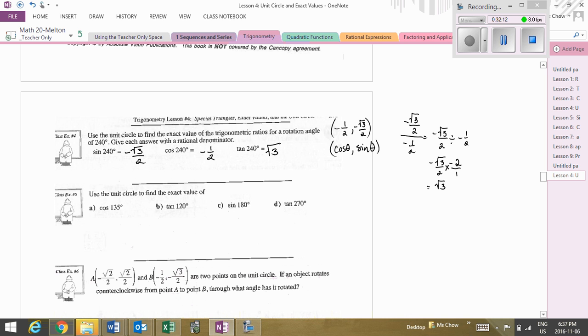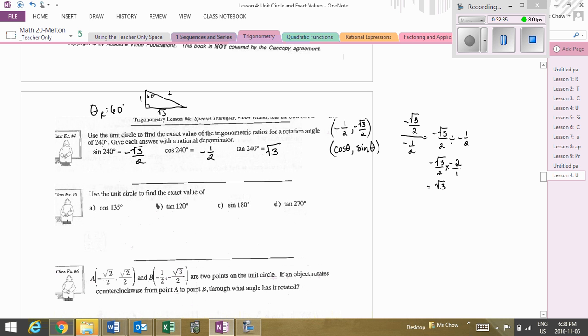Alternatively, if you weren't using the unit circle, what you would need to do is go to your reference angle, and we would recognize that the reference angle is 60 degrees. In which case we can take our special triangle that has 60 degrees in it, and we know that it's 1, 2, root 3.